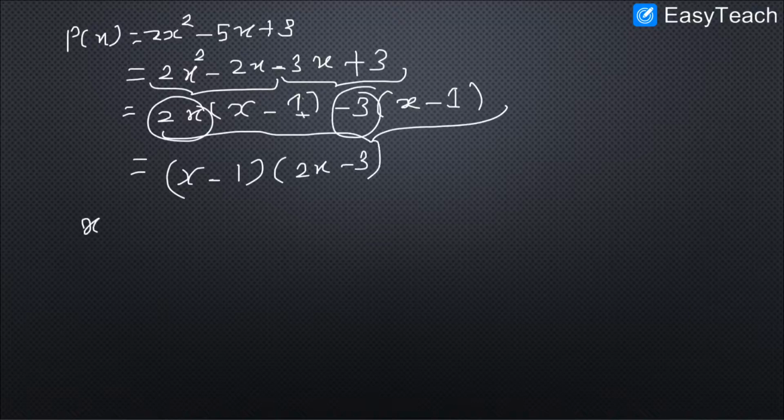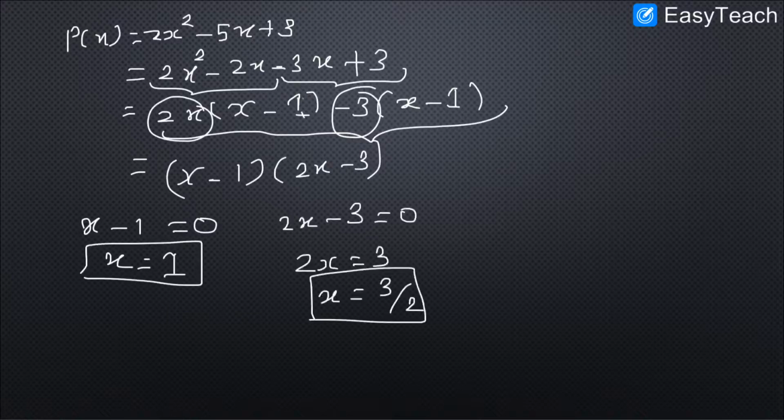Next we just equate each factor to 0 to find the answer, which is x equals 1 and 3 by 2. So this is what we usually do to find the solution for the quadratic polynomial and other polynomials also. And the solution of this polynomial is called zeros of the polynomial.